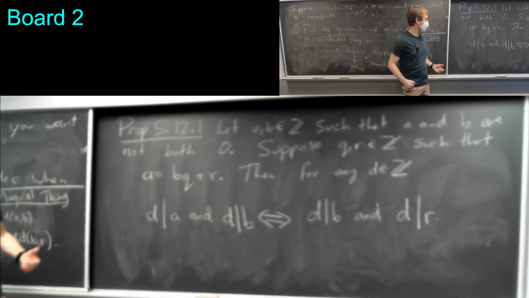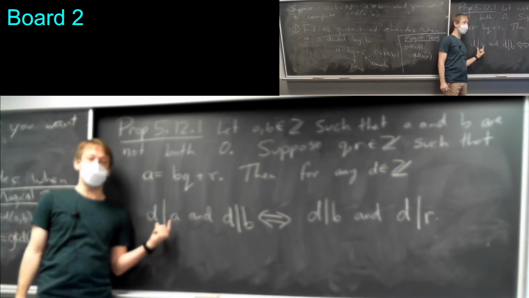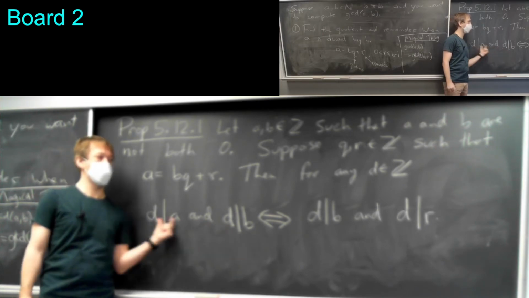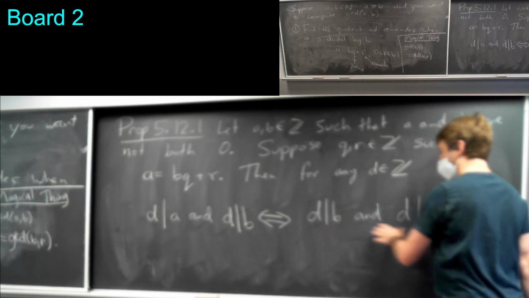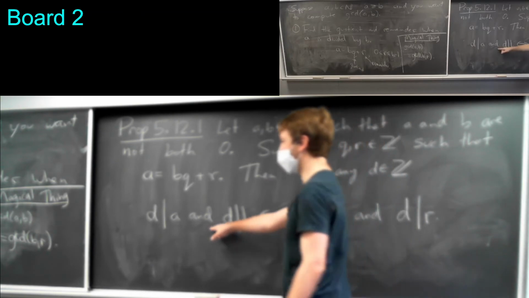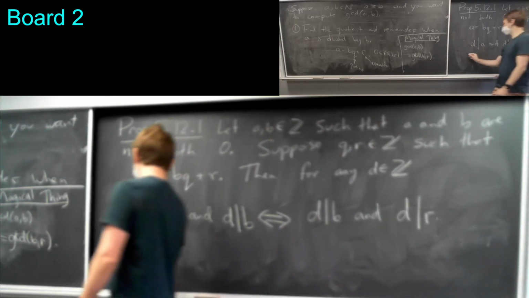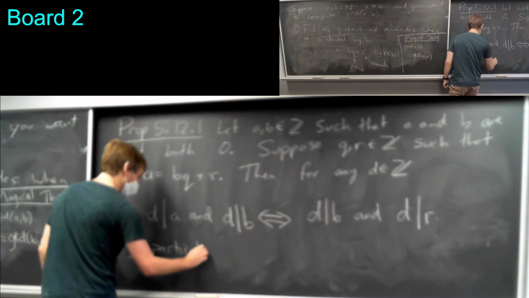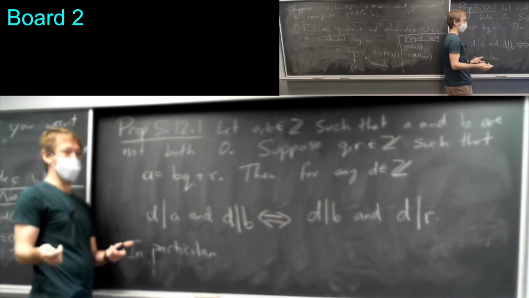In other words, the common divisors of a and b, the numbers that divide both of them, are exactly the same as the set of common divisors of b and r. So in particular, the biggest common divisor of a and b is the same as the biggest common divisor of b and r.